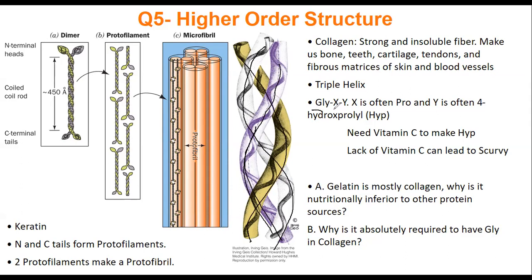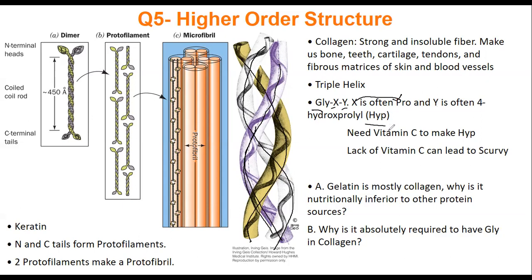It's glycine, then amino acid X and Y. X and Y can be different amino acids, but X is usually proline, Y is usually hydroxyproline. The only difference between hydroxyproline and proline is that hydroxyproline gets an OH attached to it, right?